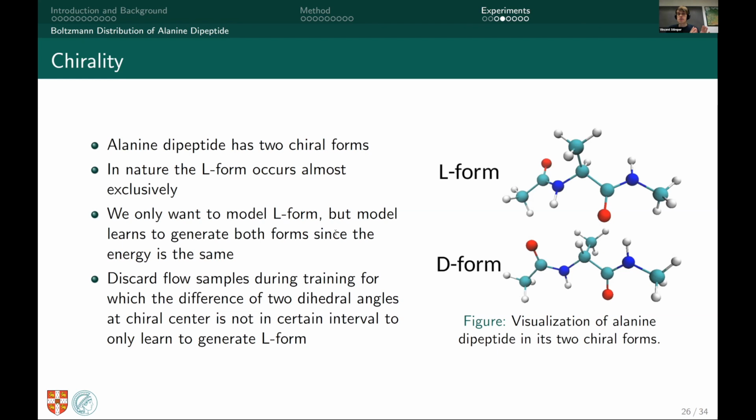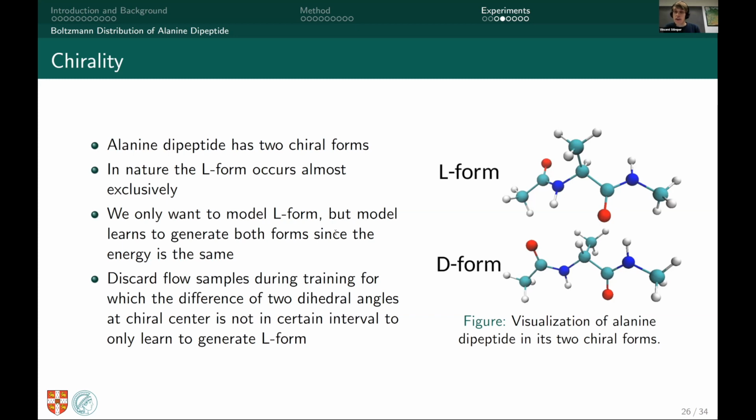All the samples which do not fall into this interval we discard, and all the other samples we use for training. Thereby we enforce the model early in the training to learn to only generate samples from those chiral configurations. Then very quickly the model will only generate samples in this chiral configuration.